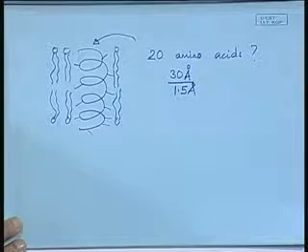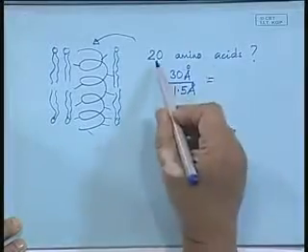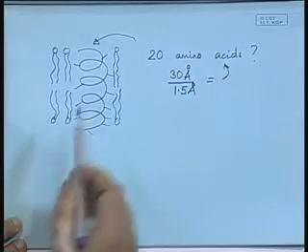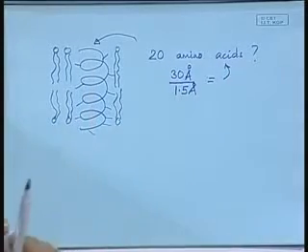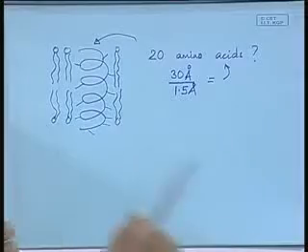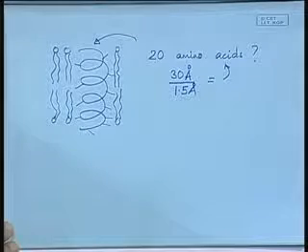So, the rise is 1.5 angstroms per amino acid. I need 20 amino acids of what type? Hydrophobic. How do I determine that? I construct a hydropathy plot.